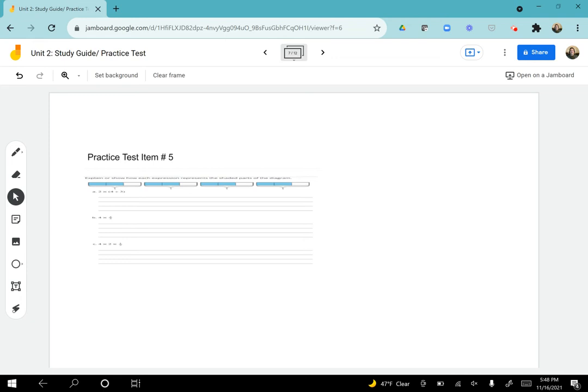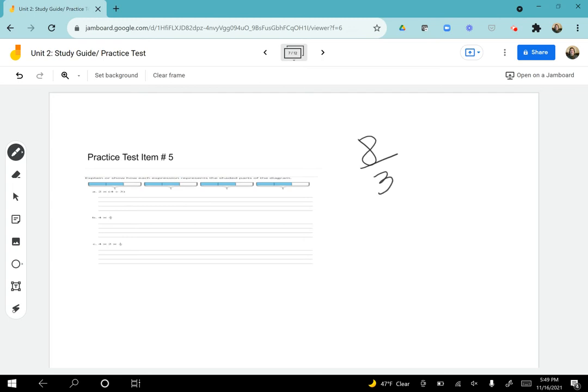But if we look at the diagram, we can see that there are 4 wholes, and those 4 wholes have been divided into thirds, and 2 of the thirds from each whole have been colored in. So altogether, the diagram represents 8 thirds.